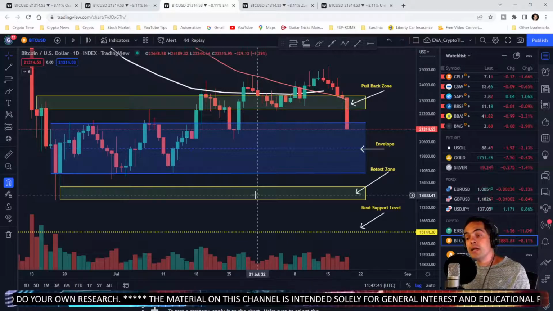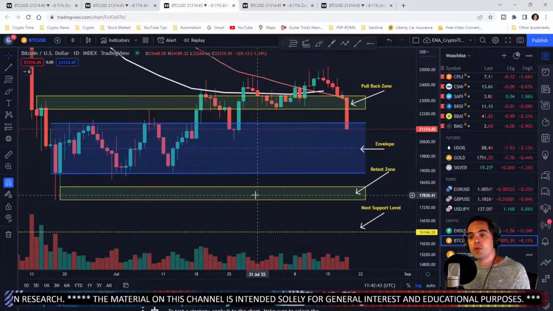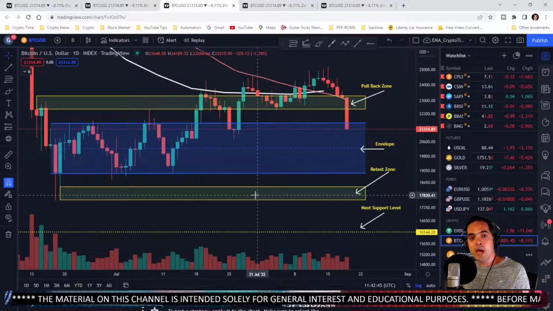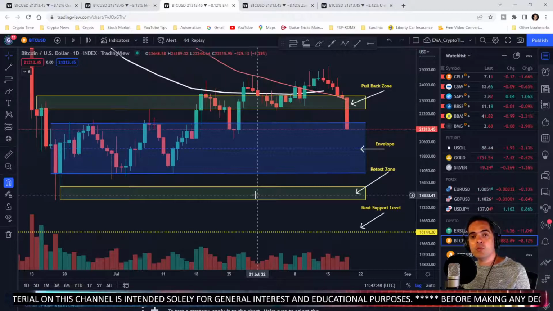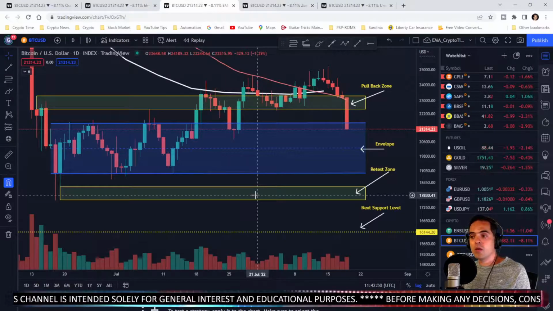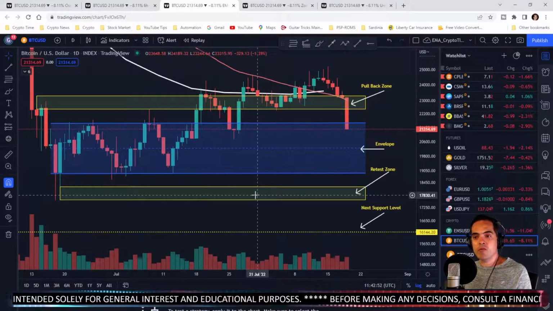Again, this is just one scenario which is very likely to happen, but that doesn't mean the price won't go lower. So we have to be careful.